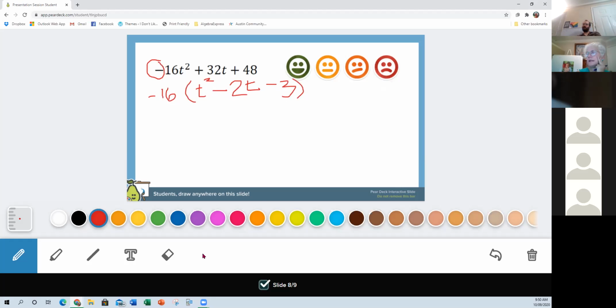Y'all see what I did? Oh, so you reverse the signs? Yes, factor out the negative, which will make all the signs be opposite in the trinomial, right?